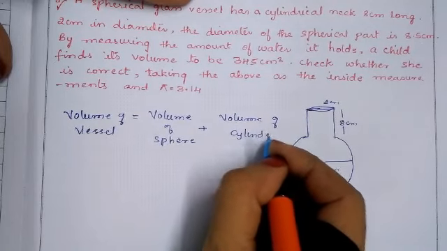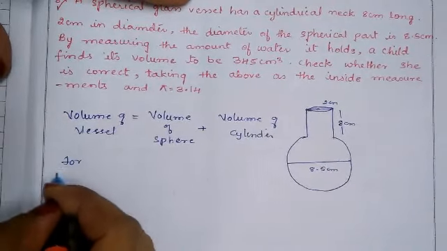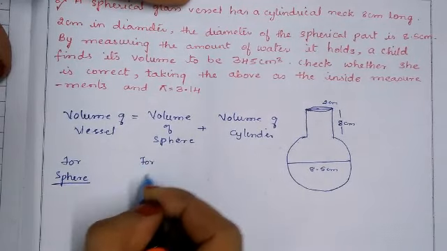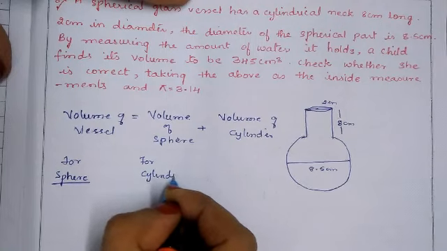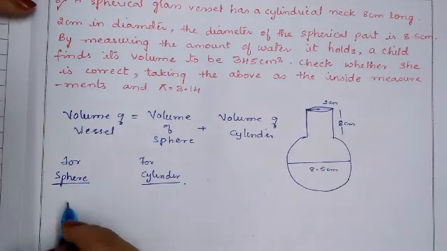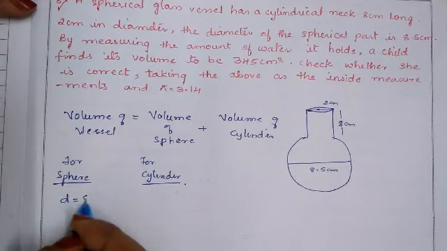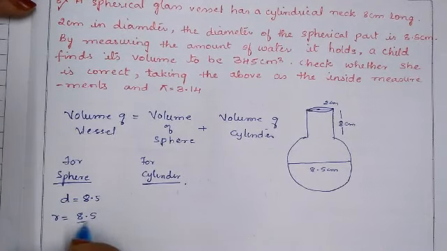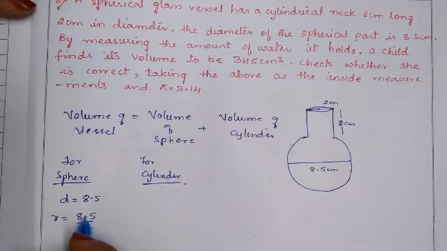So for the sphere what is given? And for the cylinder what is given? Let us see. For the sphere, the diameter given is 8.5. So radius is 8.5 by 2. Let us remove this point.